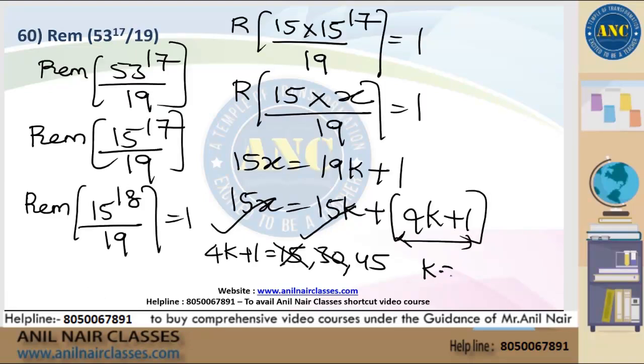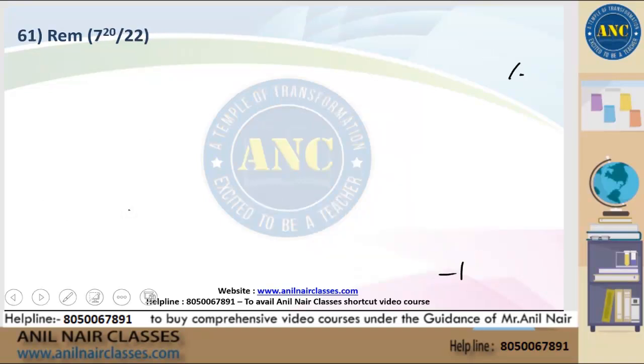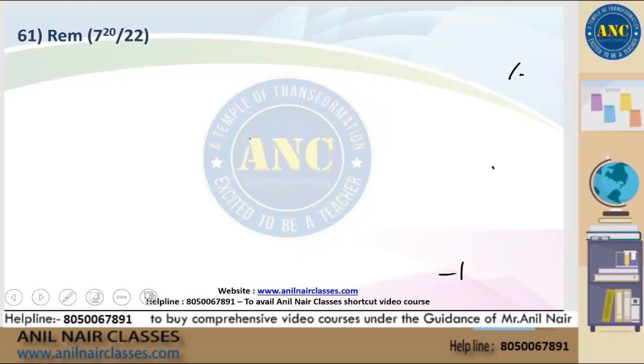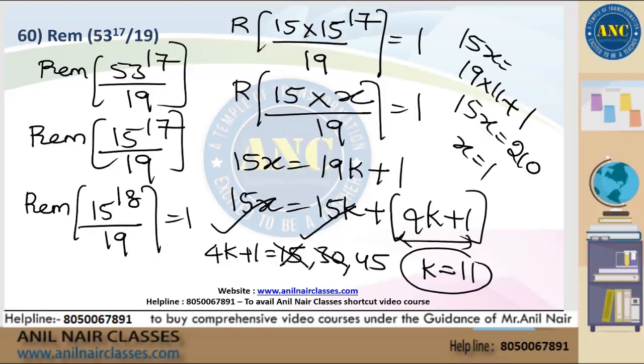If k is 11, substitute it. 15x is 19 into 11 plus 1. So 15x is 210, x will be 14. X will be 14. Idea clear, right? Backtracking for Fermat's theorem.